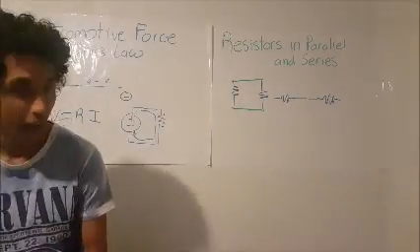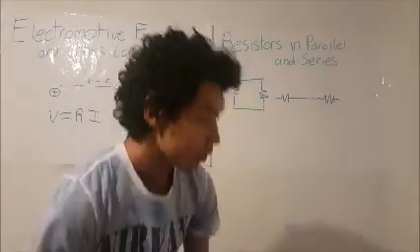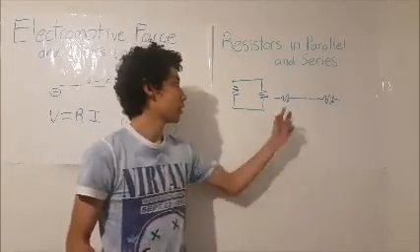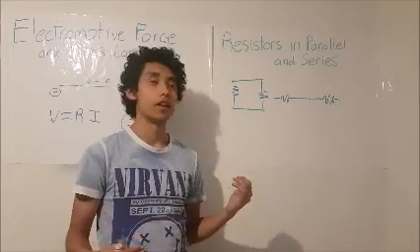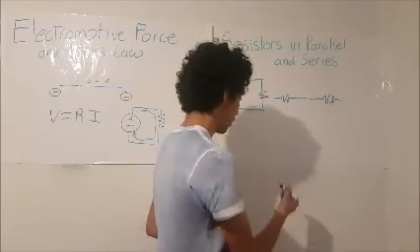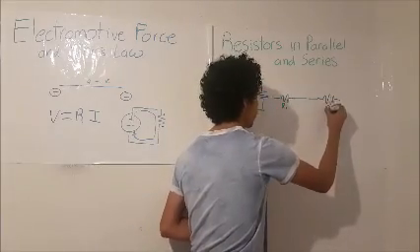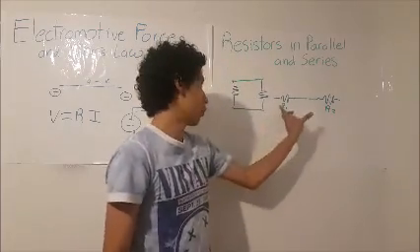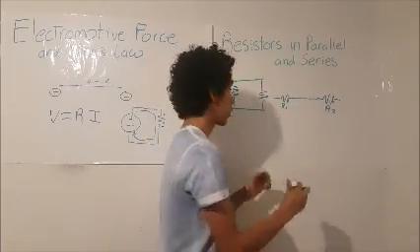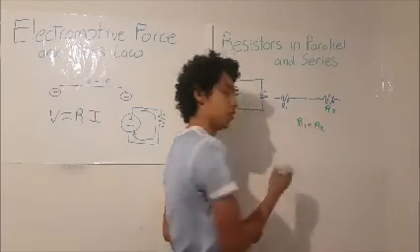So what does it mean that some resistors are in parallel or in series? Well, when they are in series, the total resistance will be bigger, because here we have resistance 1 and here resistance 2. When we connect them in series, our total resistance is R1 plus R2.